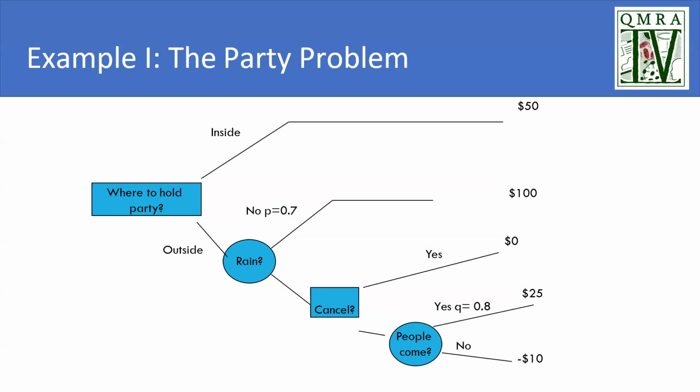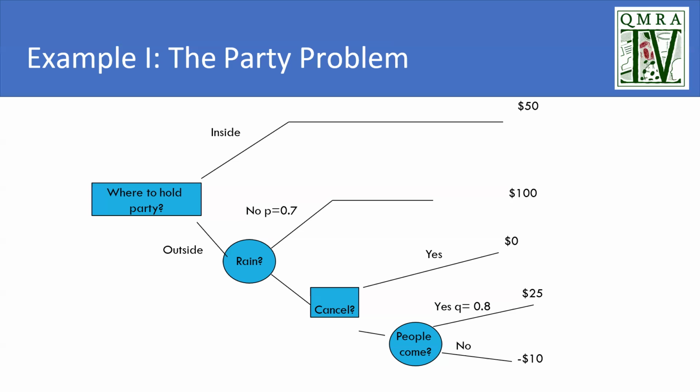Should we cancel the party? If we do cancel the party, yes, the value of that outcome is 0. If we don't cancel the party, there's another chance that we should consider, and that is, will people come?